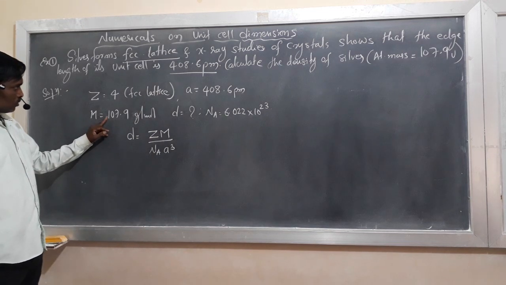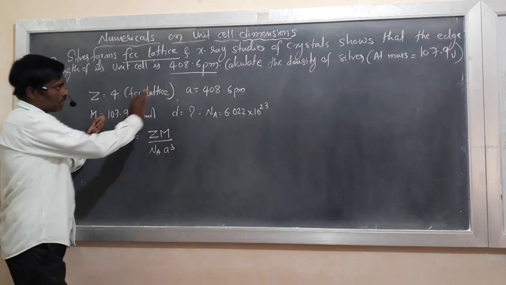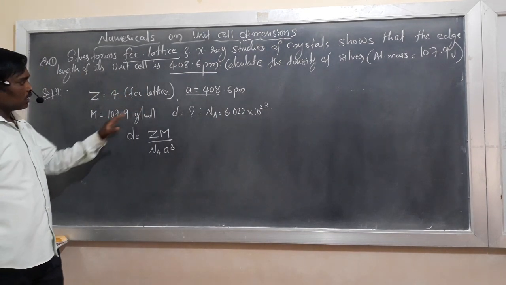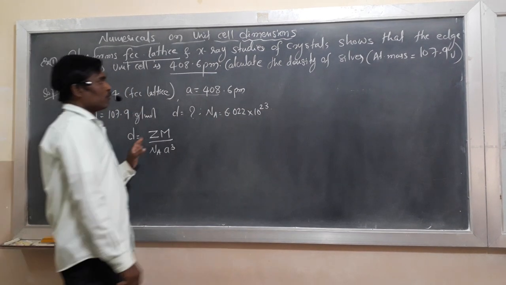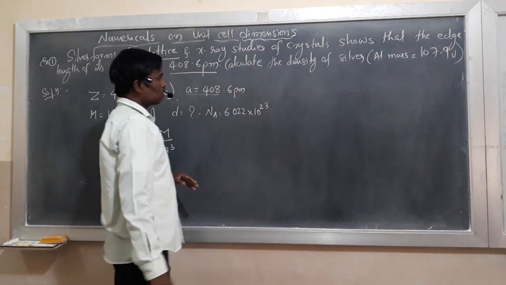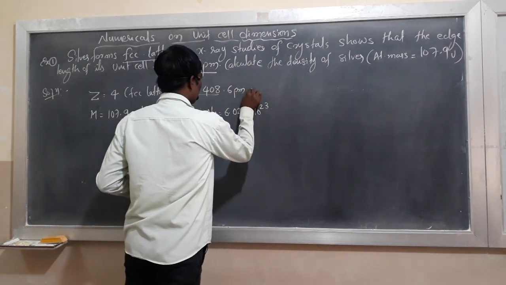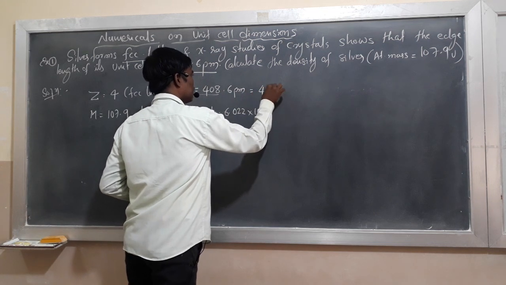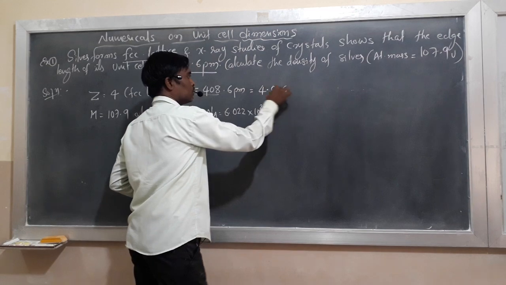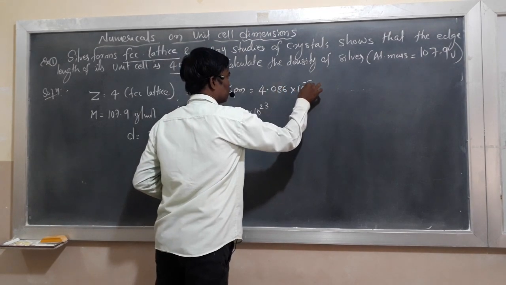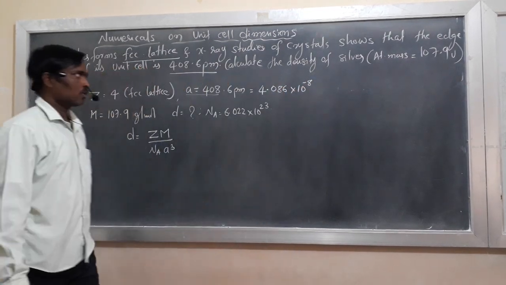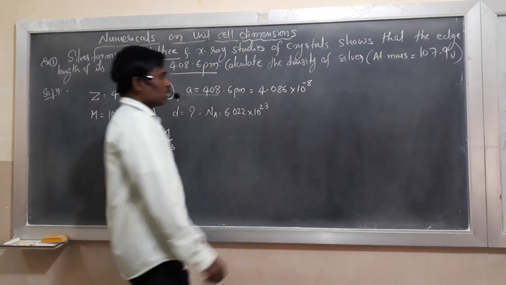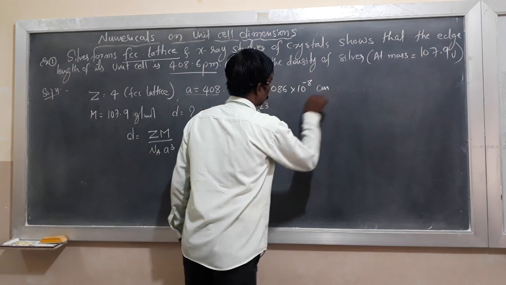Okay, so here I am converting the edge length, that is 408 picometers, into the CGS system. For that I am converting picometers into centimeters. So this can be written as 4.086 into 10 raised to minus 8 centimeter.